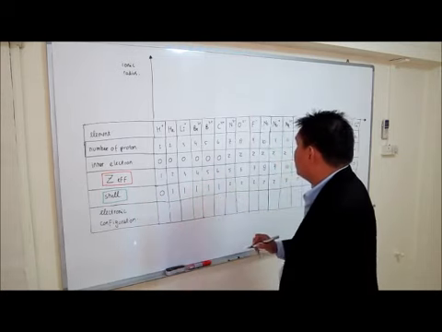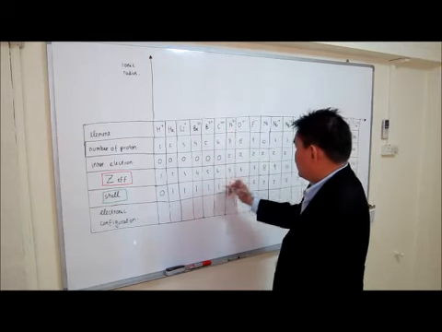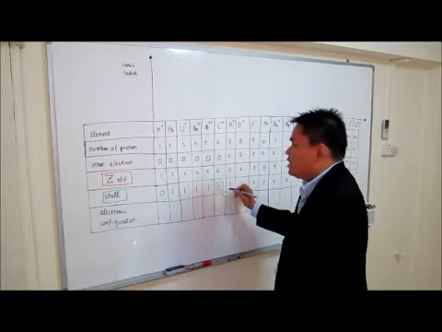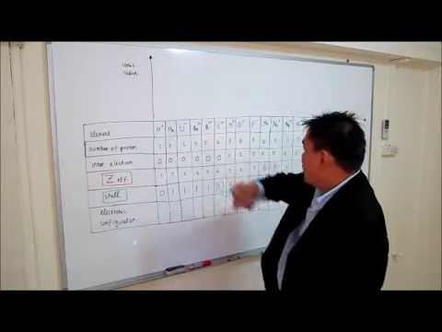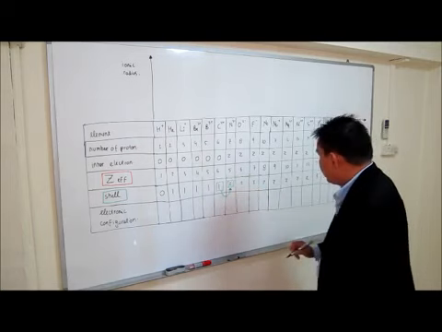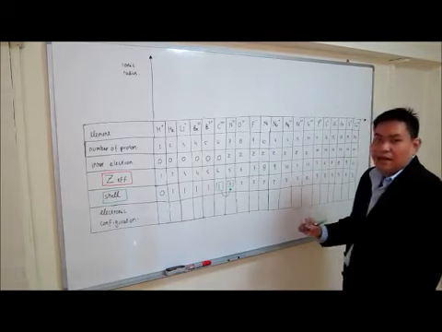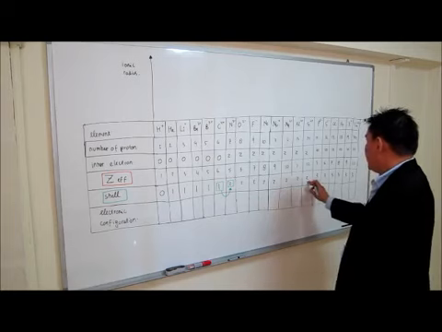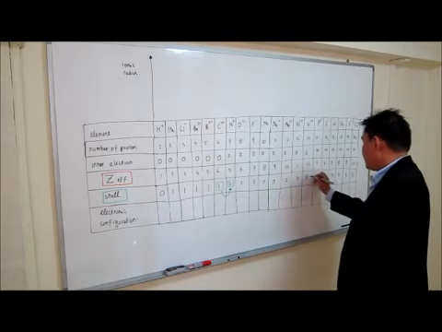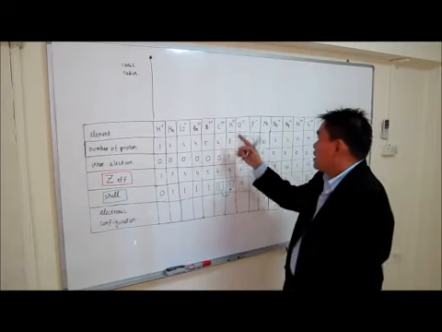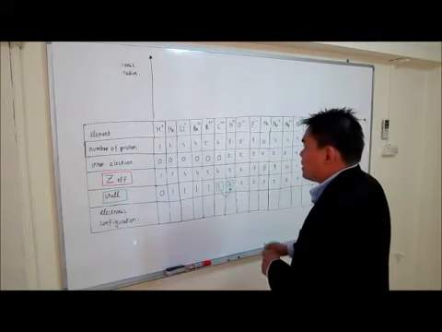So from carbon 4 plus to nitrogen 3 minus, there will be a very significant increase in the ionic radius. So this green arrow represents a very big increase in ionic radius. So from carbon 4 plus to nitrogen 3 minus, there will be a big increase there.